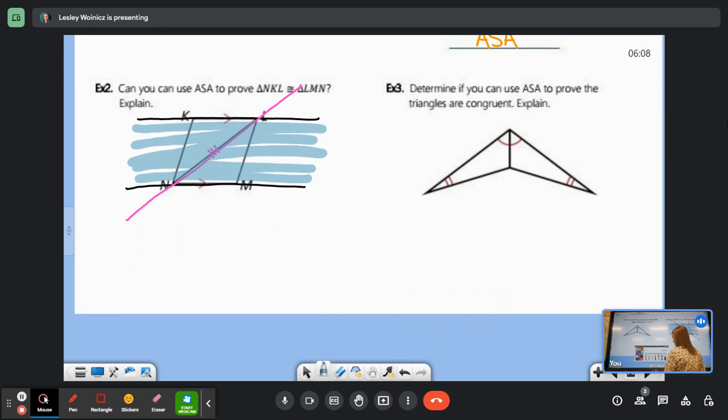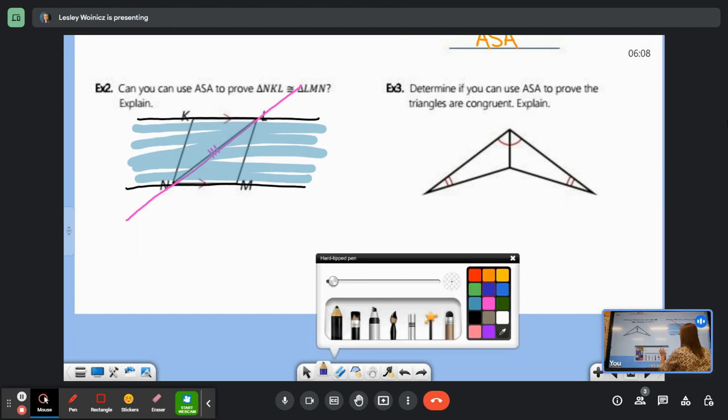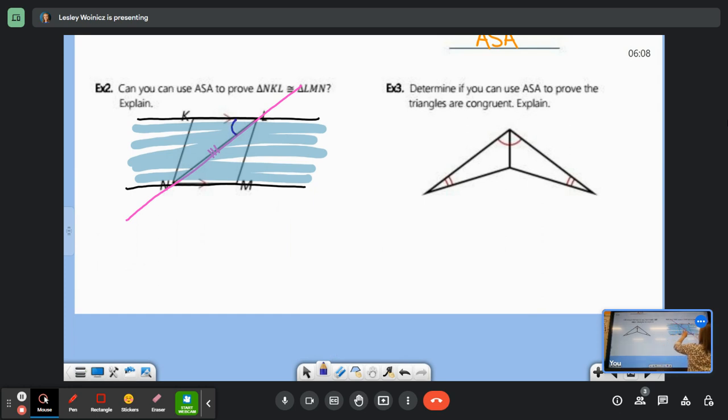Okay, now inside of my parallel lines in the interior, I have a pair of alternate interior angles. So I know that those two angles are congruent.